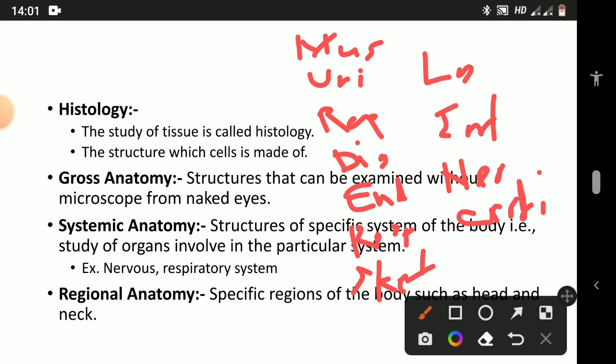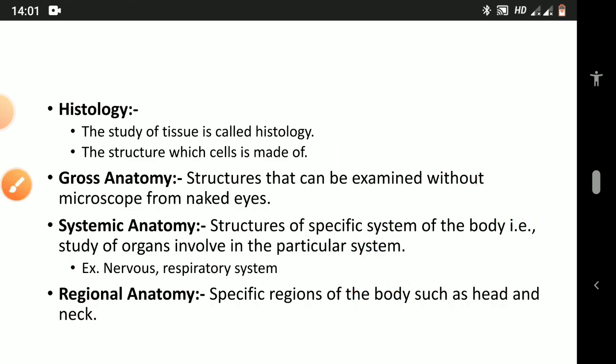These 11 systems are present within the body.